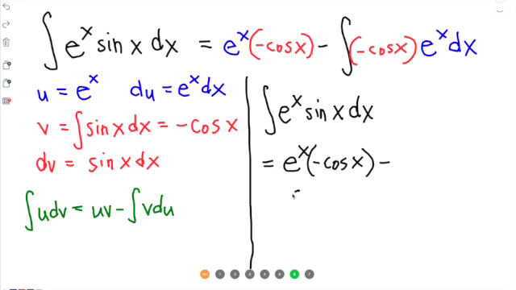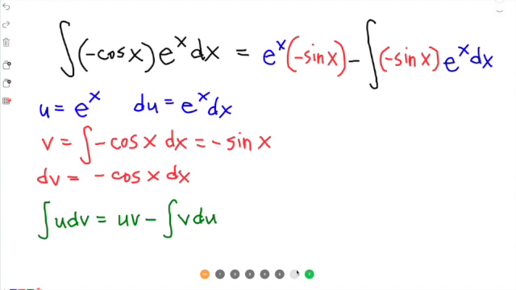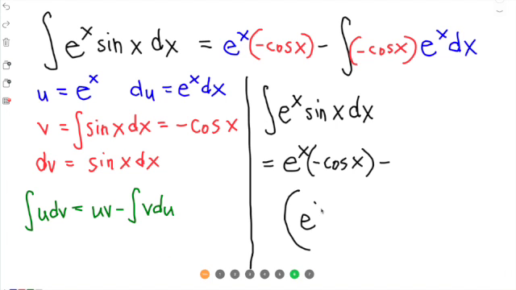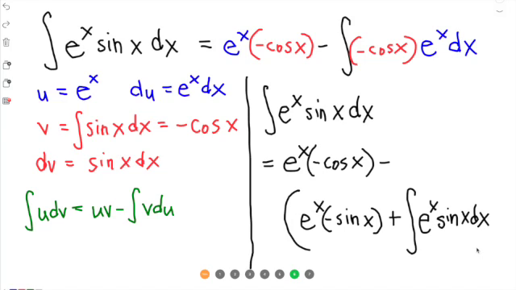So minus this e^x times negative sine x minus the integral, or in this case this would be plus, right? We just want to write down the second answer as similar to the first one.